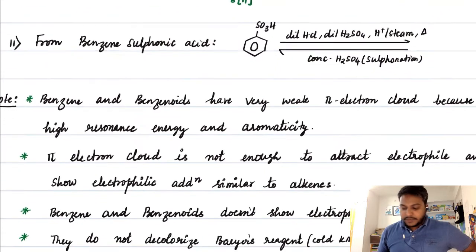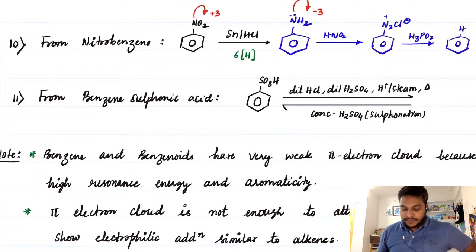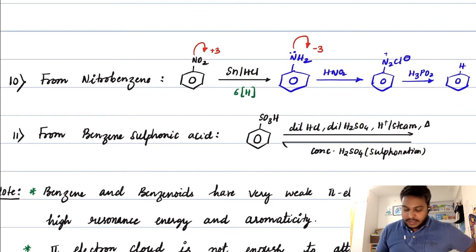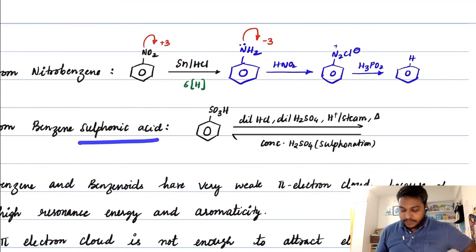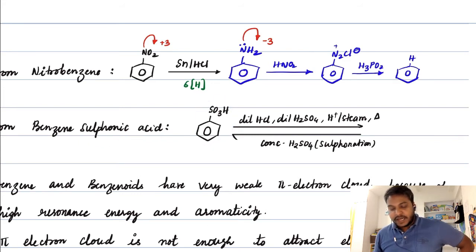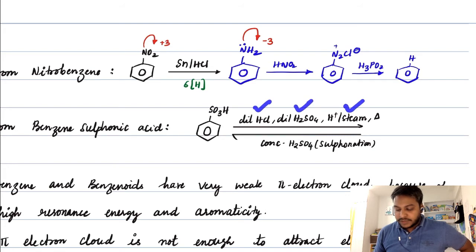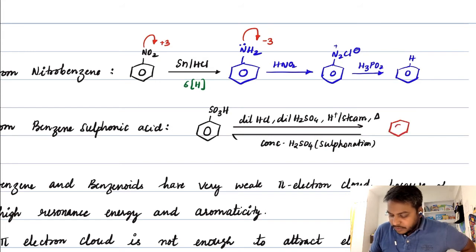Next reaction for preparation of benzene, if you observe, that is benzene sulfonic acid. That is benzene with SO3H, on treatment with dilute HCl, dilute H2SO4, H plus and steam. In any of the cases, we will see this will turn into benzene, got it, plus H2SO4 will come out.